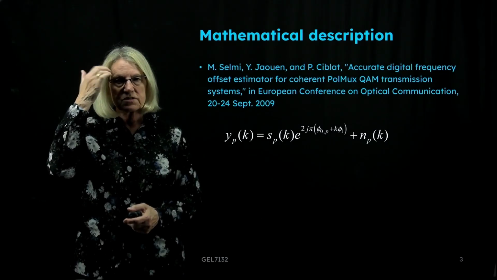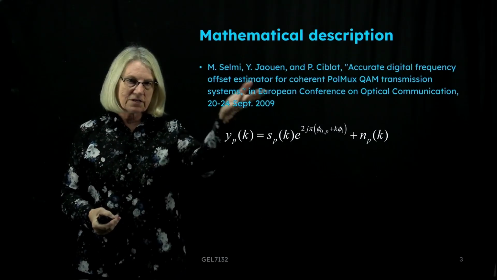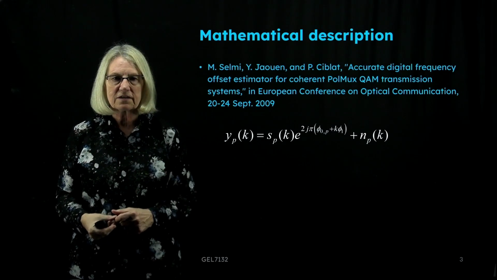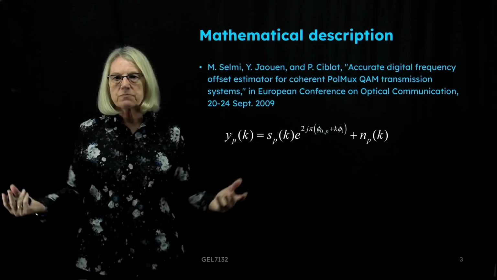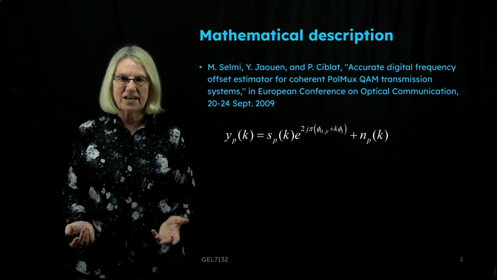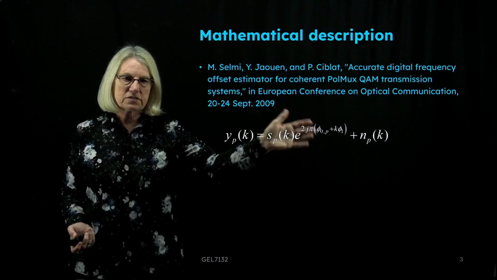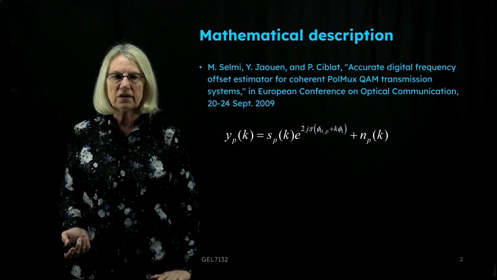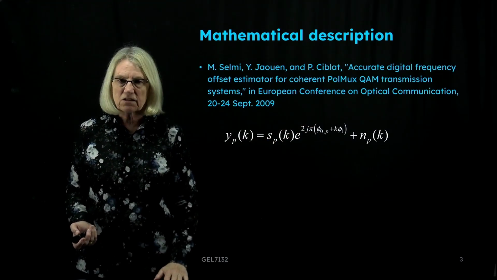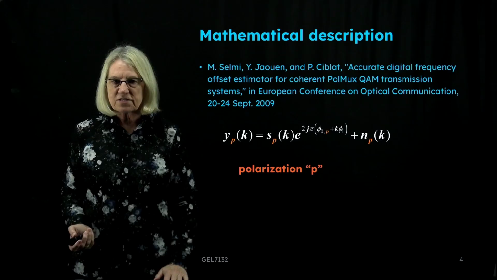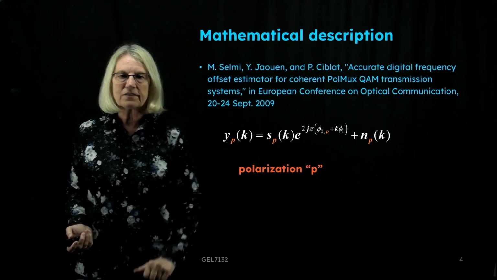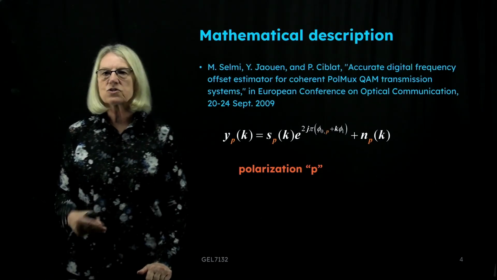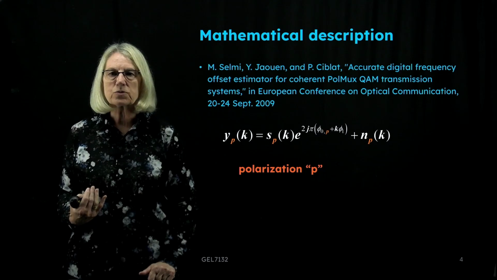So let's use the model described in this reference paper that describes how we do frequency offset estimation. So here is a description for the received signal, and first thing you'll notice is there's a P index in here, and that refers to polarization. So there's two different polarization states which are being transmitted.